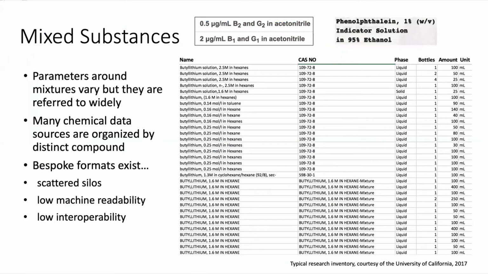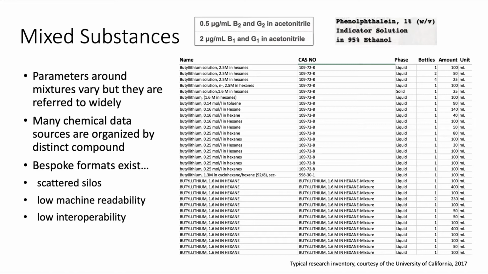This is where we started in the project, really thinking about bench-level mixtures. I know there are other ways to think about mixtures, but we were thinking of things that are not stoichiometric, really solutions that are made up in the lab, and realizing that most information tracking systems are really just managing one component, but we need information about other components.